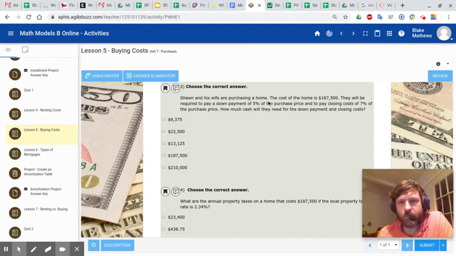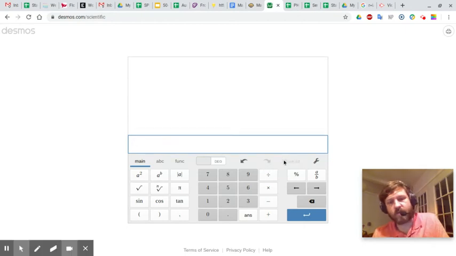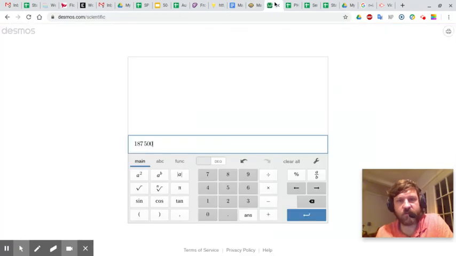So all we're going to do is take 187,500 and multiply it to find what the percent of each of those is. So like 5% of 187,500. And then we're going to find 7% of 187,500.